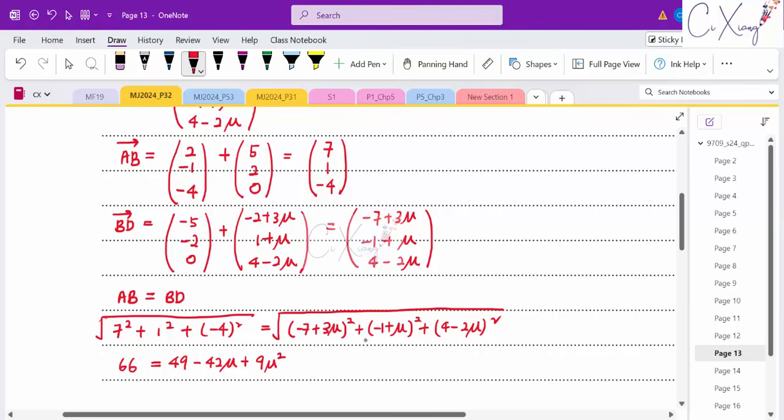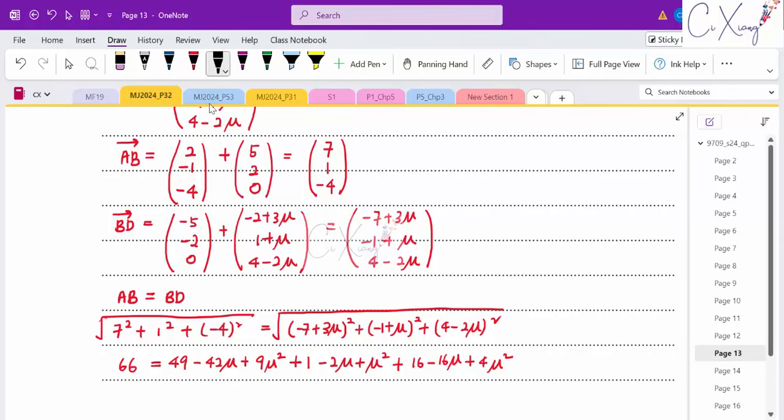Then for the second bracket, I'm having 1 minus 2 mu plus mu squared. Then for this part, you're having 16 minus 16 mu plus 4 mu squared.